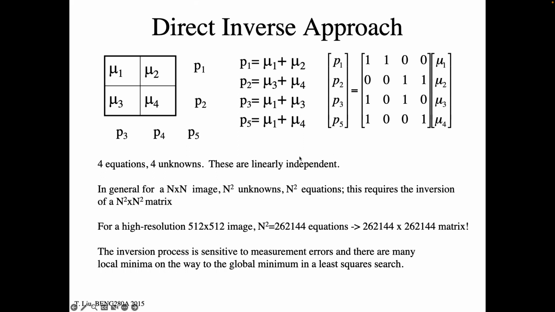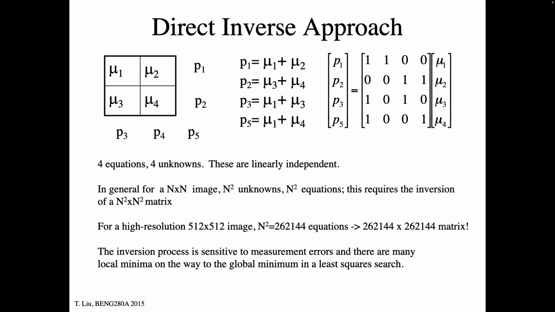So this is a sensible way to do it if you have a relatively small number of estimates to make: just inverting this big old linear system. But for an n by n image, you will have n squared unknowns and n squared equations. So this matrix becomes an n squared by n squared matrix, which for 512 by 512 is a matrix that's 250,000 by 250,000.